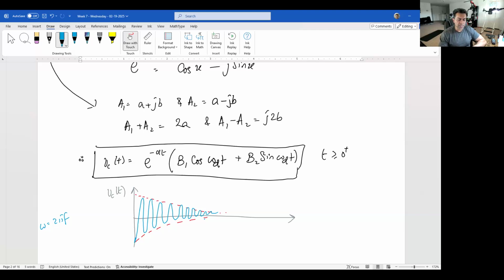Alpha is the Napier frequency that defines the exponential envelope, how it is going down, and omega d defines how many times it's going to oscillate, the frequency of oscillation of this waveform. This is basically the shape of the response for underdamped circuits.